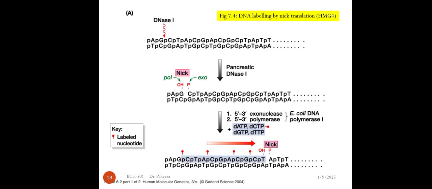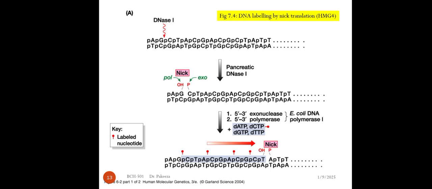We all are aware that polymerases possess an excellent 5' to 3' polymerization activity. But a polymerase can also possess 5' to 3' exonuclease activity and 3' to 5' exonuclease activity. In this particular case, the E. coli DNA polymerase 1 which was used possesses 5' to 3' exonuclease activity.